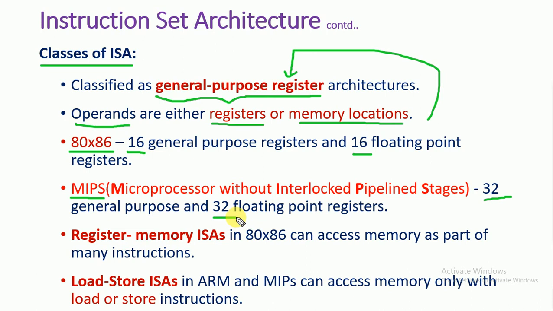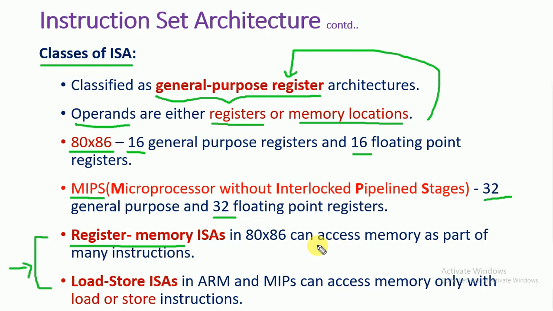Then this general purpose register architecture can also be divided into two types. Generally they are used in two different situations. One is register memory ISAs, where we can access the memory by using any instruction.